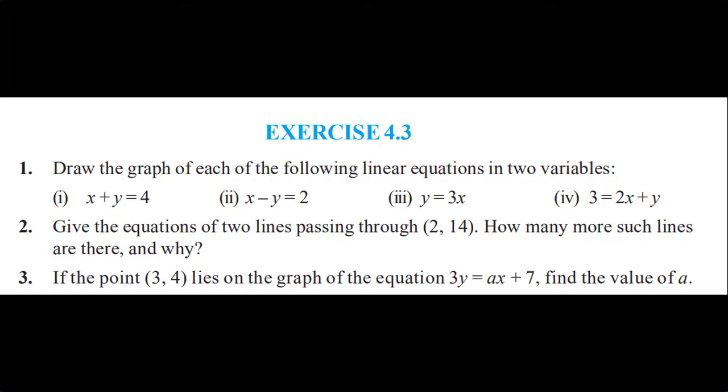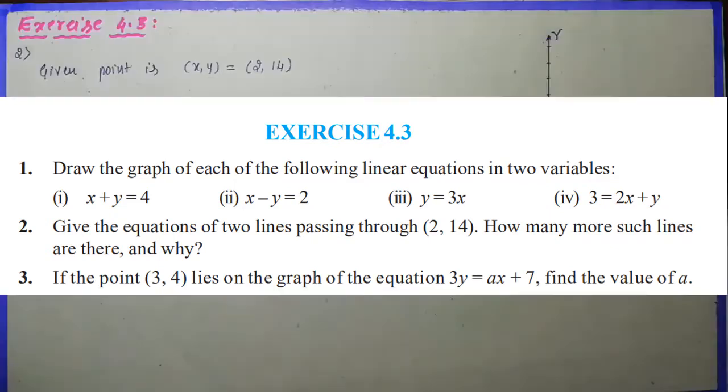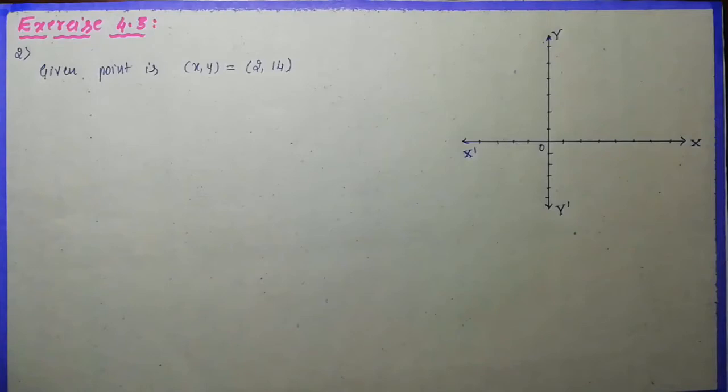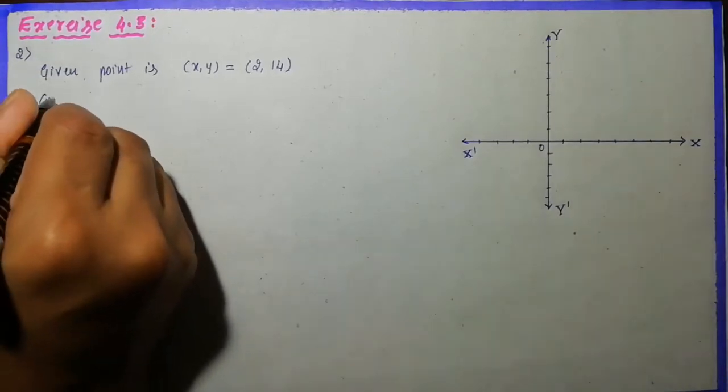Look at the solution first. Here the given data is already written. One point is given for you: x comma y is equal to 2 comma 14. Now you have to form a linear equation so that its solution is 2 comma 14. You can form any number of linear equations.